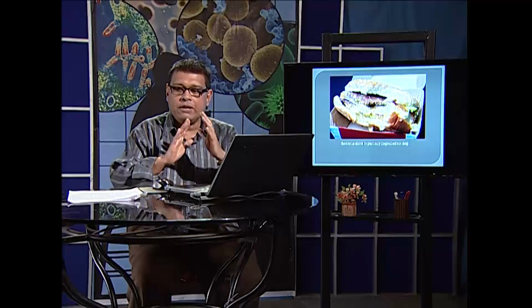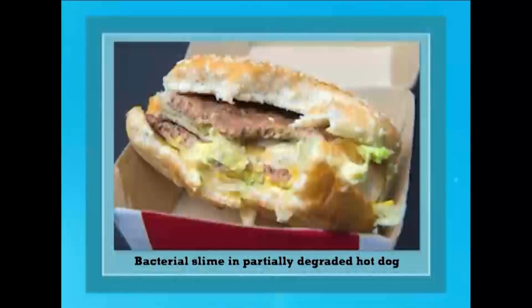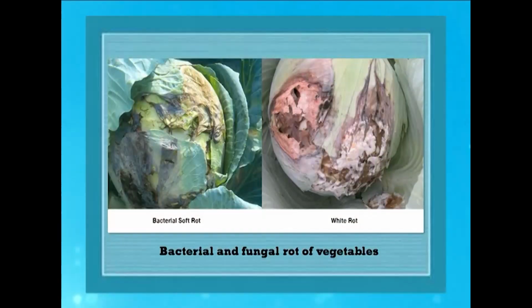Now, the food may appear slimy because of the growth of bacteria and the production of an extraneous slimy wall. Or if it is a vegetable, because of the effect of fungal or bacterial infection, it will develop rots.